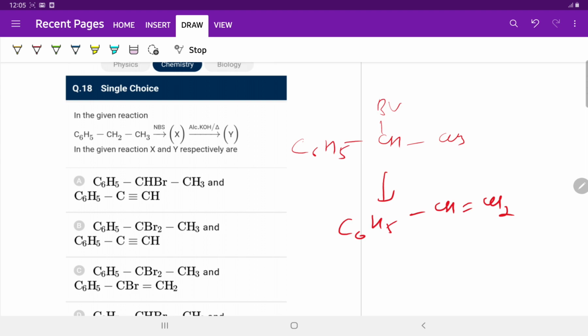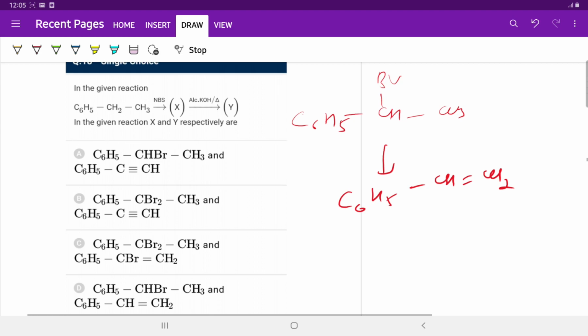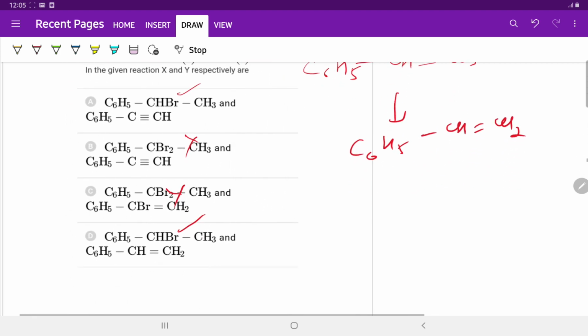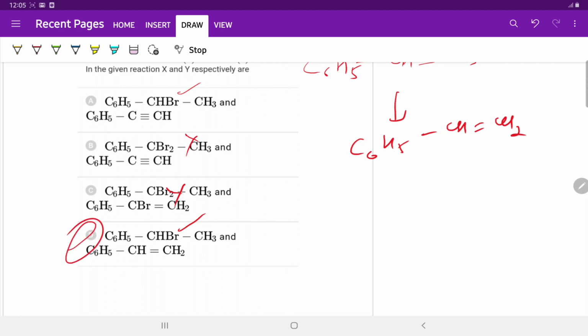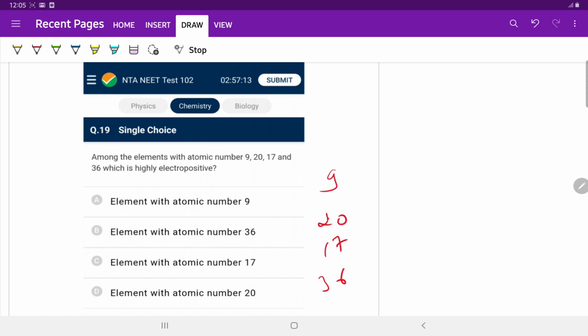Okay, in the given reaction X and Y respectively are, X is this, this is correct and this is also correct, this is wrong, this is wrong, and Y is C6H5CH=CH2. So for question number 18, the answer is D. Question number 19, among the elements with atomic numbers 9, 20, 17 and 36.